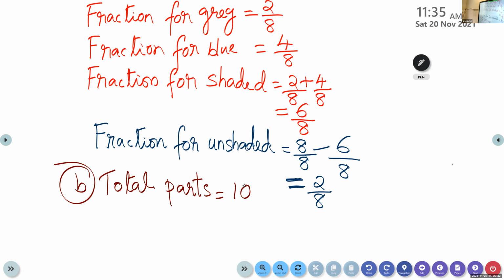Okay, now do the same steps: fraction for gray, fraction for blue, fraction for shaded. But don't say the answer loudly. Let everyone do it alone. This is very easy. You have to try alone. Fraction for gray.